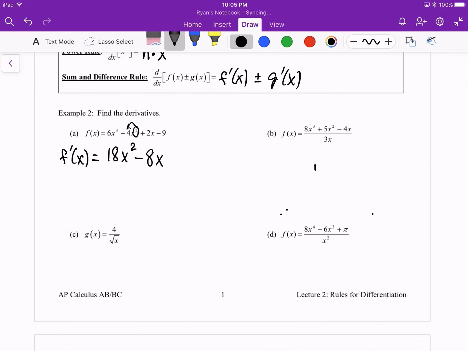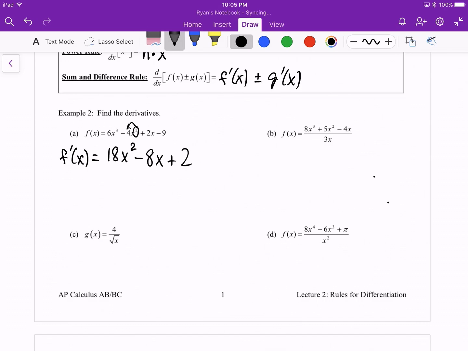I'm not going to write the 1 since typically we don't do that if it's raised to the first power. And then the derivative of 2x, the x is just going to drop off, and then the derivative of negative 9, of course, is 0.